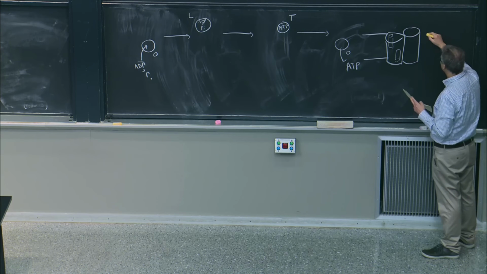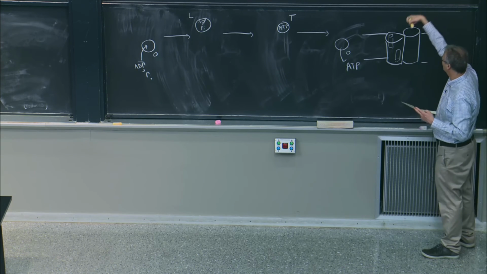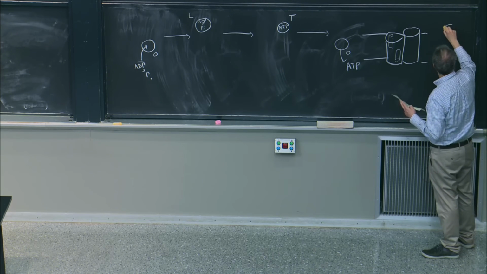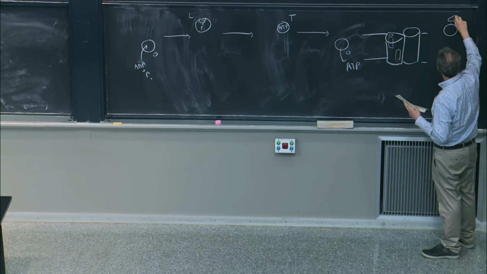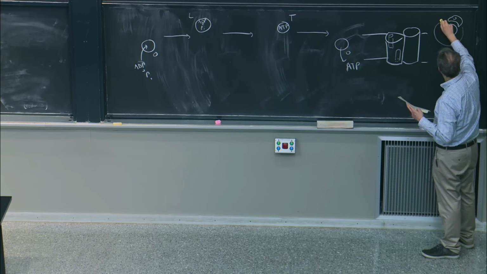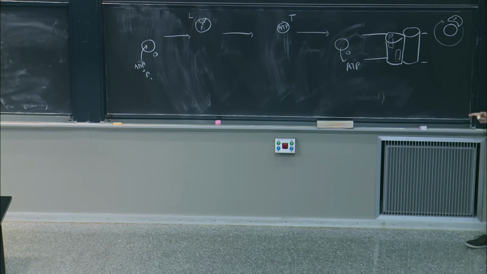And so if you look at this from the top view, looking straight down, you'd have this central piece with this external piece with the 2 half channels that basically can rotate around the central stalk.